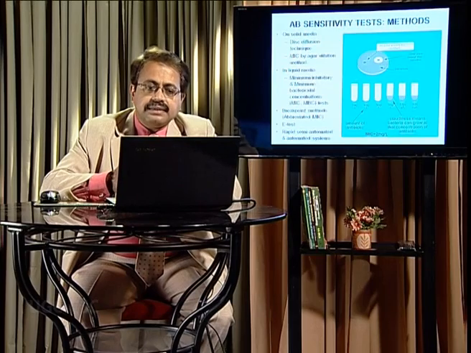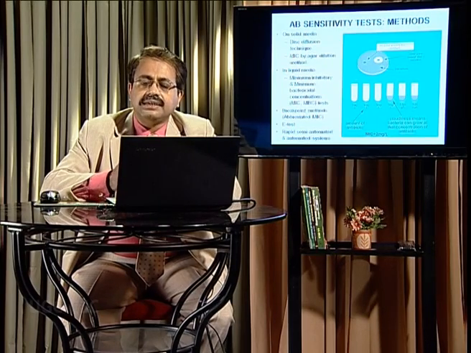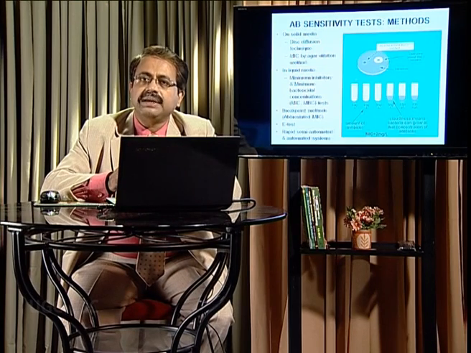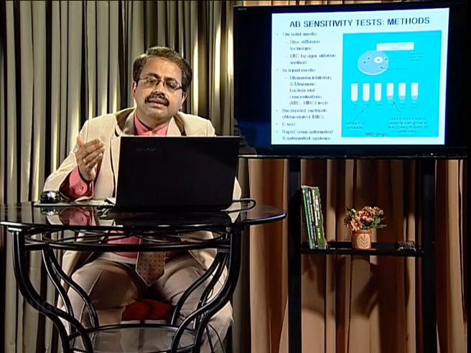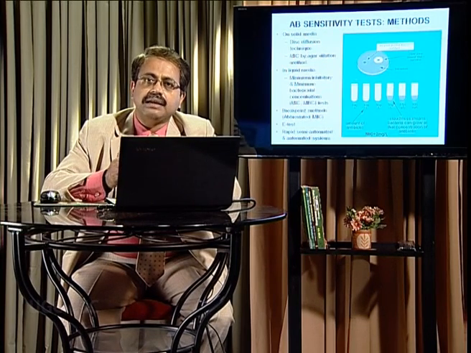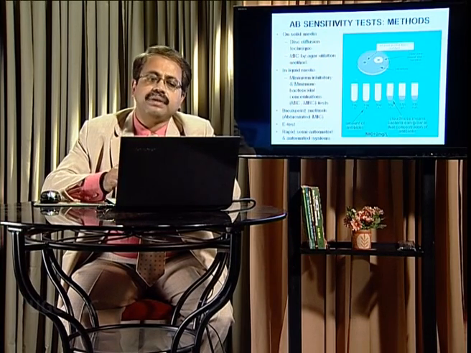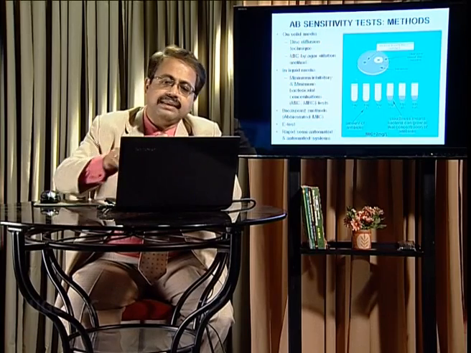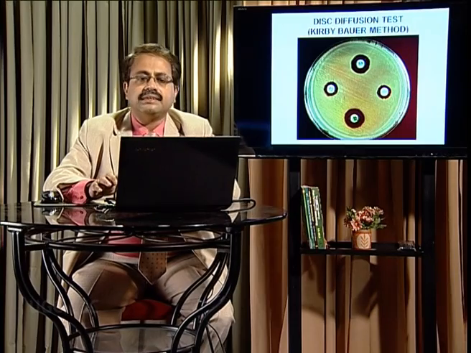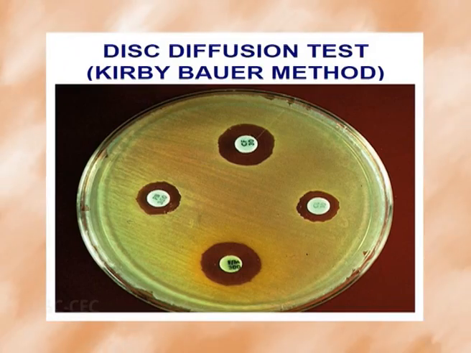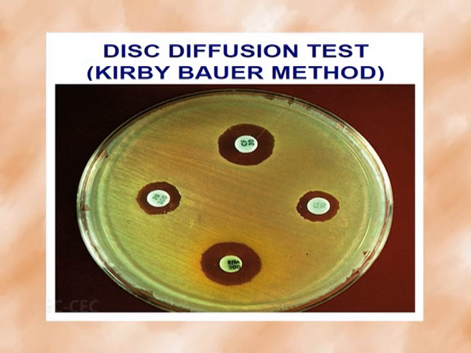The tube which shows just clear, with no turbidity after overnight incubation, gives the minimum inhibitory concentration, which is the concentration of the antibiotic present in that tube. So in this case, it is 2 milligram per liter or microgram per milliliter. This is different from the conventional Kirby-Bauer diffusion technique that we follow in most of the laboratories.